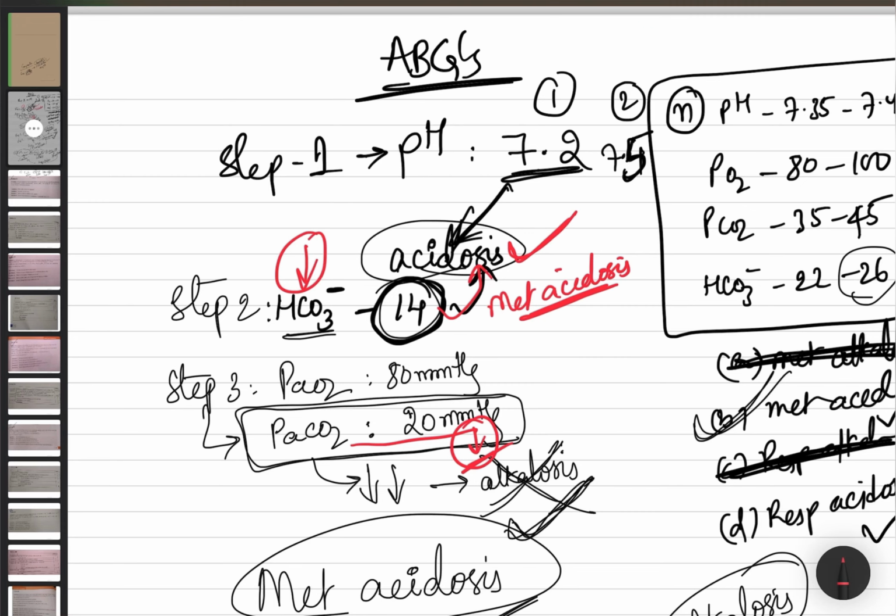If there is metabolic acidosis, body activates respiratory drive, like sending more carbon dioxide outside. If body sends more carbon dioxide outside, PaCO2 will be low. If it is adequate, pH should become normal, but here pH is still 7.2. So the compensation is not adequate.